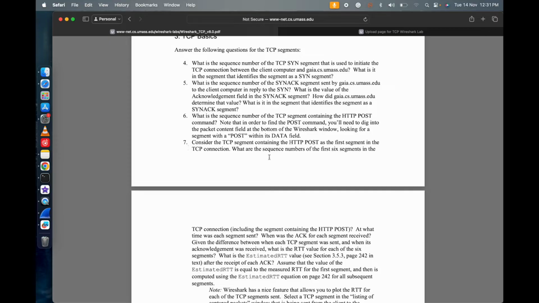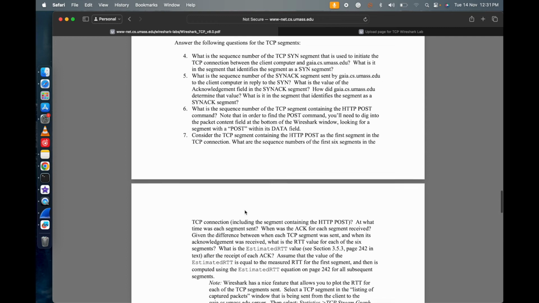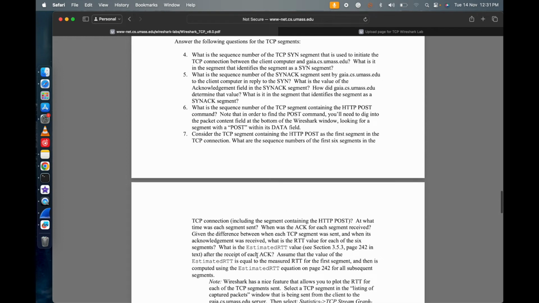Consider the TCP segment containing the HTTP POST as the first segment in the TCP connection. What are the sequence numbers of the first six segments in the TCP connection, and we have to find the estimated RTT, right?